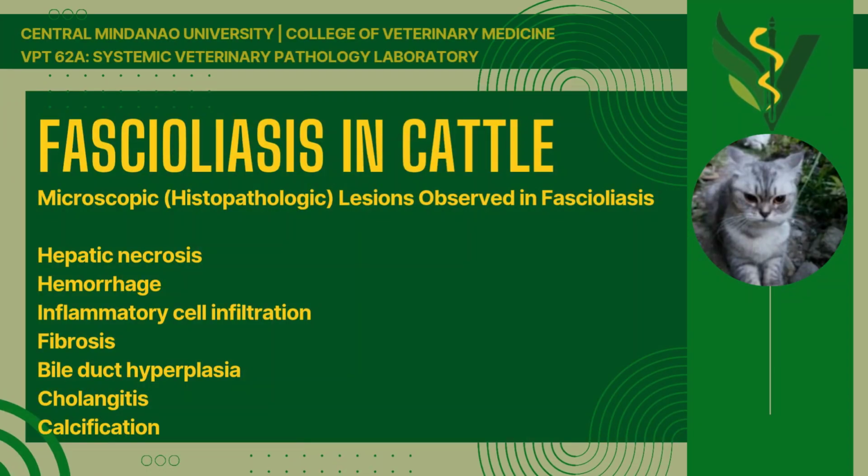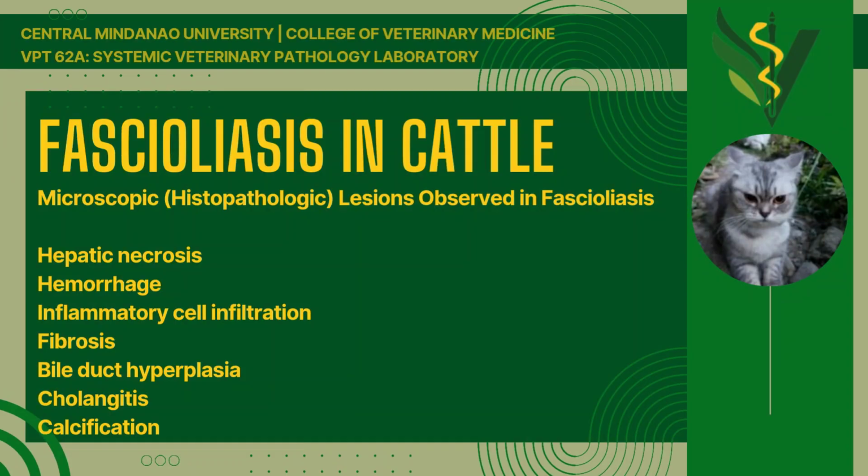Microscopic lesions observed in fasciolosis. So there is hepatic necrosis, of course, due to the death of hepatic parenchymal tissues. Hemorrhage, of course, because of the perforations and the damage in the blood vessels in the parenchyma.